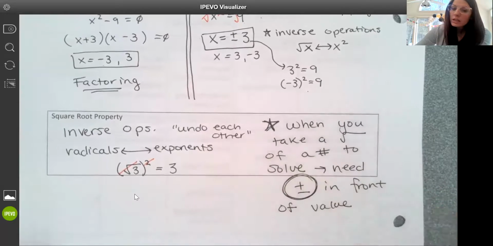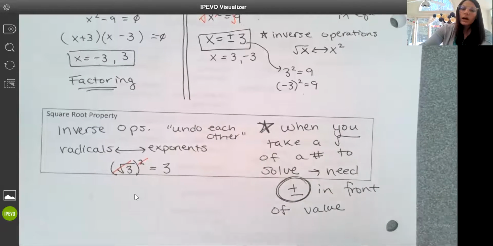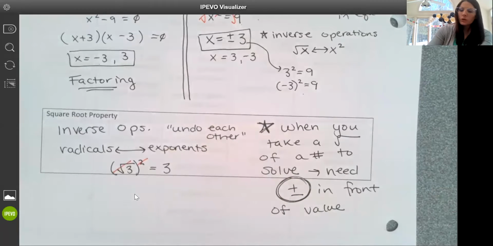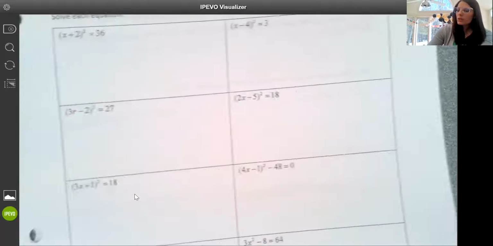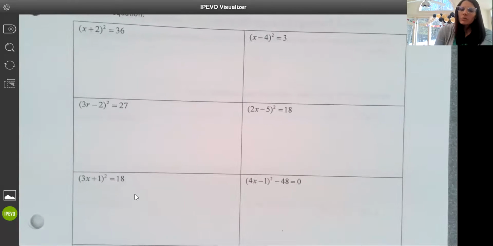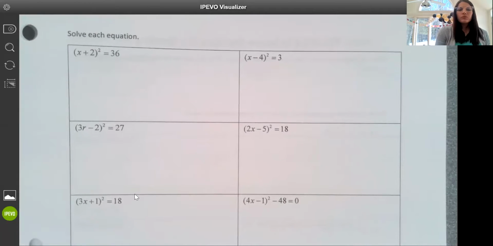So that plus or minus is really important. And in fact, it's trickier than just writing plus or minus. You're going to see that in some of our work. So let's look at a few examples of using this to solve instead of factoring. And so many times we want to be strategic in what method we choose to solve a quadratic.